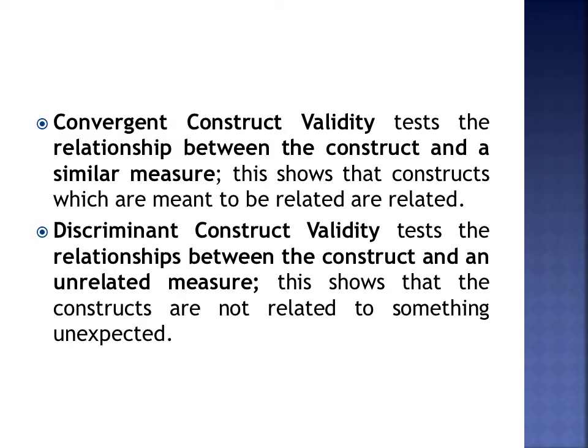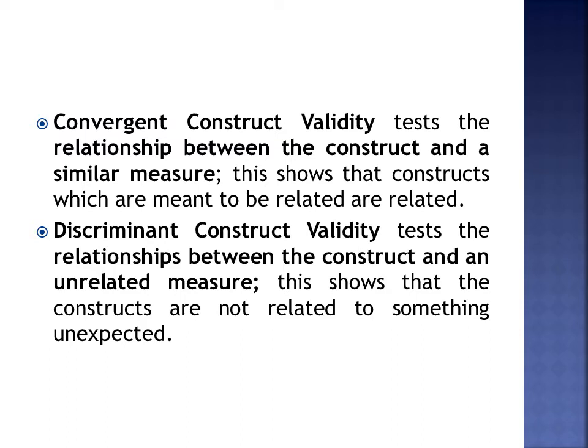Now, to measure if it has a good convergent validity, you're going to use another test that has the same construct. One would be the WAIS, or the Wechsler Adult Intelligence Scale, if your participants are adults. First administer your test that measures intelligence, and after that administer the WAIS.